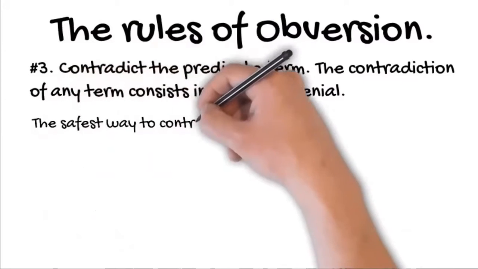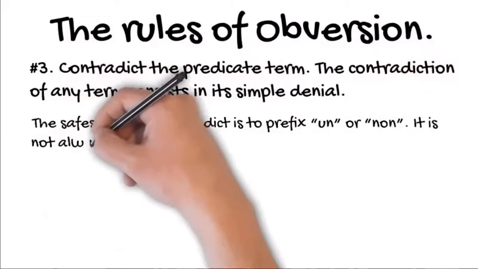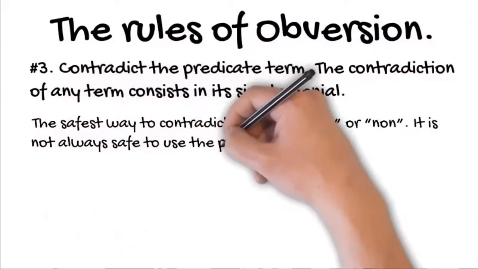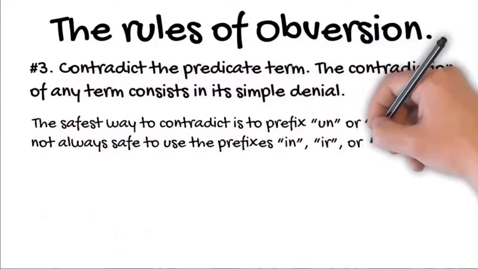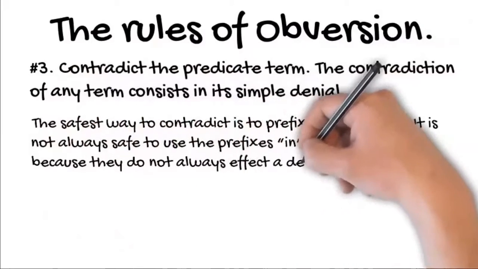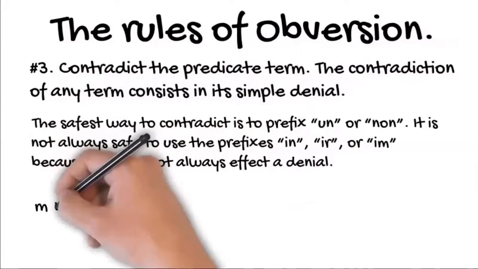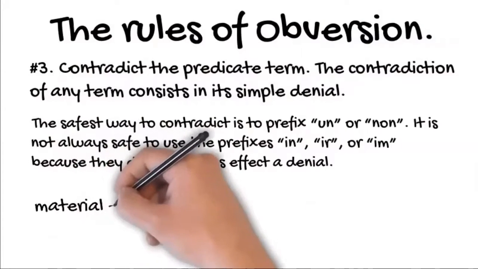The safest way to contradict is to prefix non or none. It is not always safe to use the prefixes in, ir, or im because they do not always effect a denial. For example, the term material.